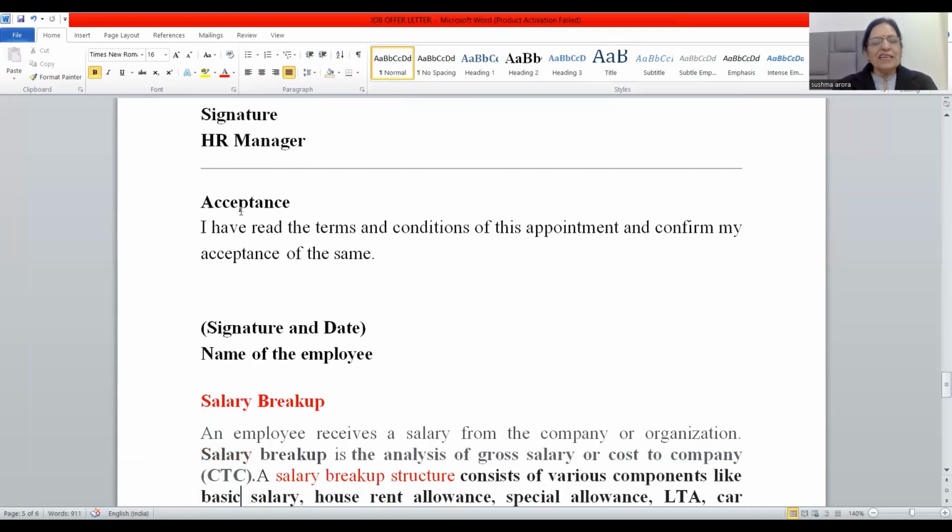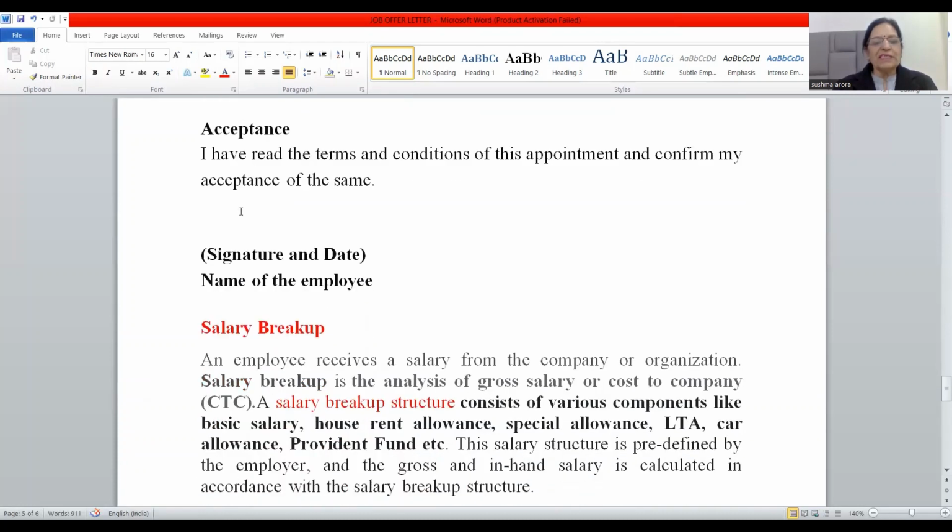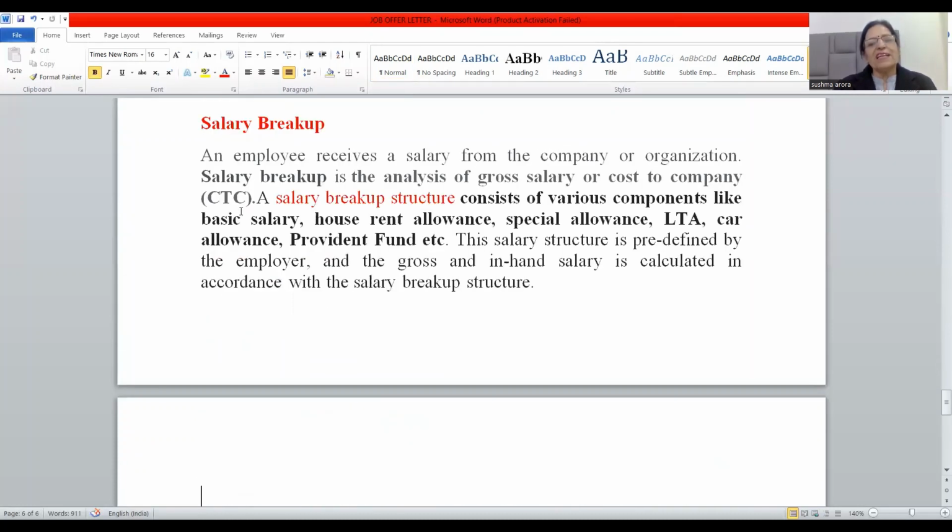And now, friends, the next heading which I would like to take up is the salary breakup. What is salary breakup? An employee receives a salary from the company or organization. Salary breakup is the analysis of gross salary or cost to company. We generally talk about CTC, that is the cost to company, the total salary. Salary has got a number of components.